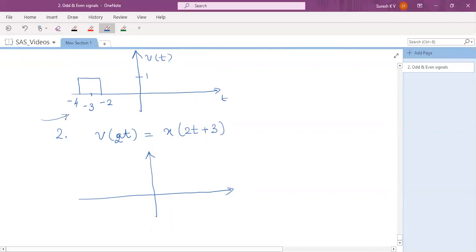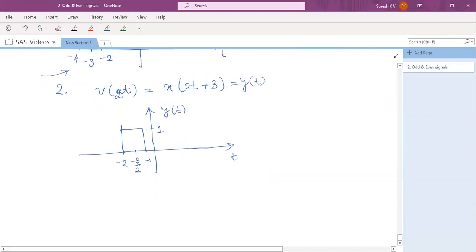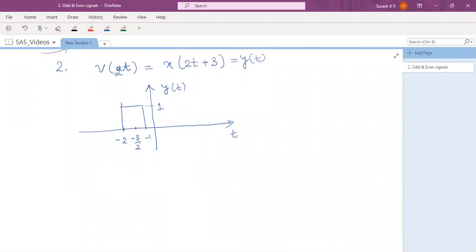So minus 4 will go and sit at minus 2, minus 3 will be at minus 3 by 2, minus 2 will be at minus 1. So it is minus 2, minus 3 by 2, minus 1, and this will be the signal. The magnitude will not change, so this signal will be y of t. So I have performed time shifting first and then time scaling.